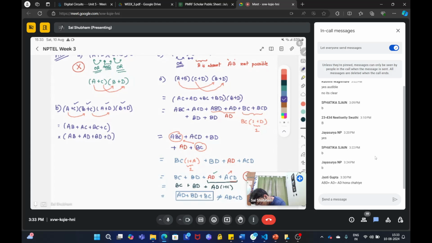Okay. Now we have AB plus, we can take C common. It will be A plus B plus 1, AB plus D common, A plus B plus 1, and this expression is 1.